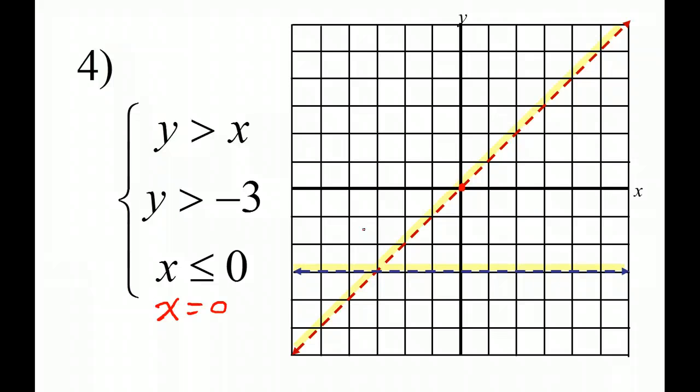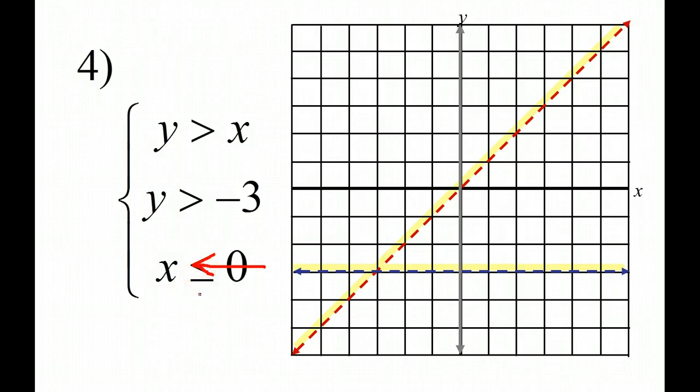So this one should be a vertical line. And it will be solid. So this gray line that I just drew is the bottom one. Okay, x equals a number is a vertical line. Am I going to shade to the left or to the right in this case? To the left. Okay, remember when you have that vertical line, you can use a symbol like an arrow showing you which side of the line you're going to do.